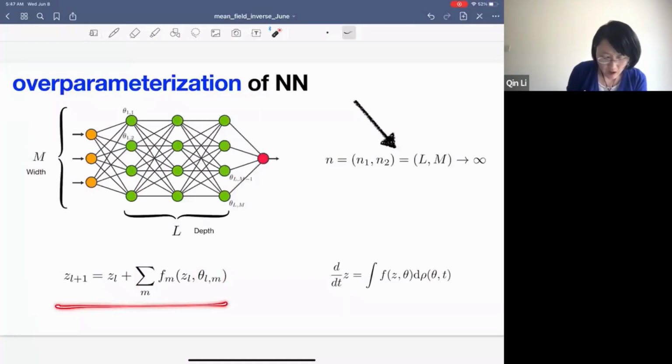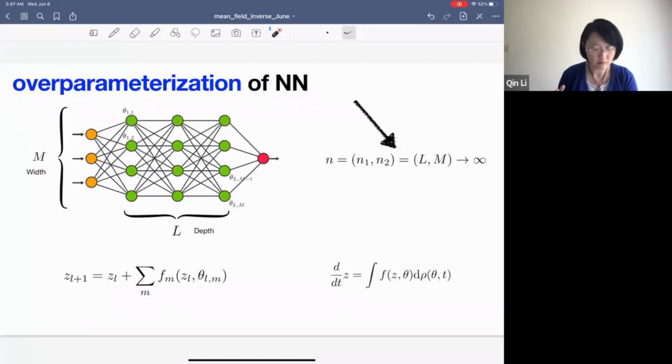So what I would like to argue today is that if the neural network is over-parameterized, by over-parameterized, it means that we have a lot of neurons in your neural network. So this L and M goes to infinity. So the size of the neural network is really big.